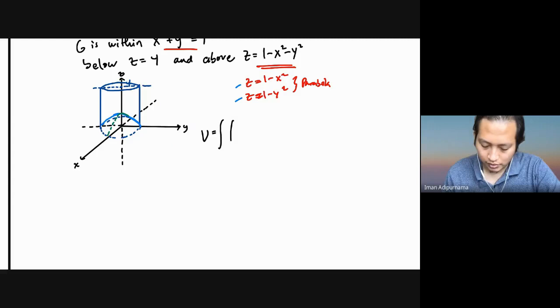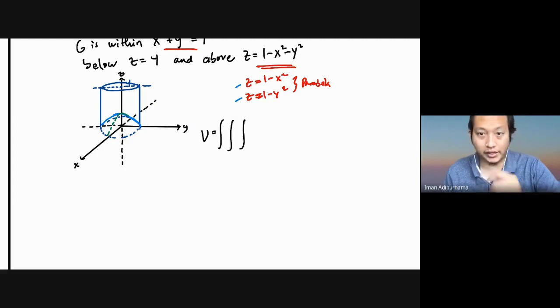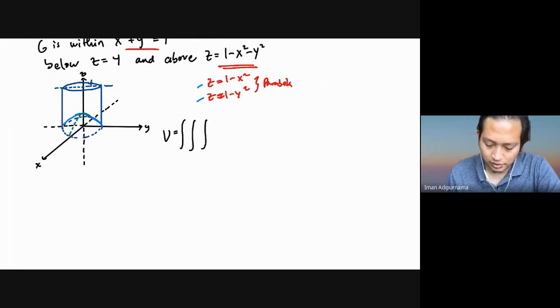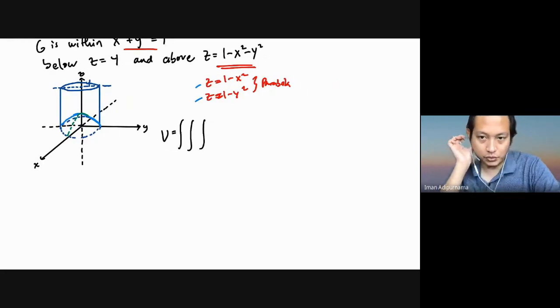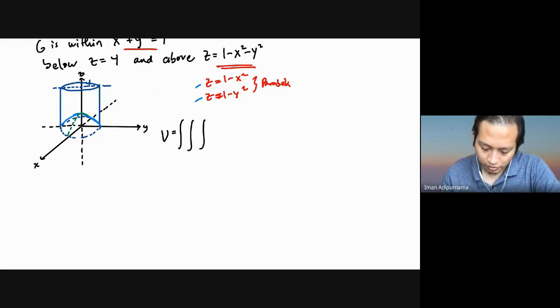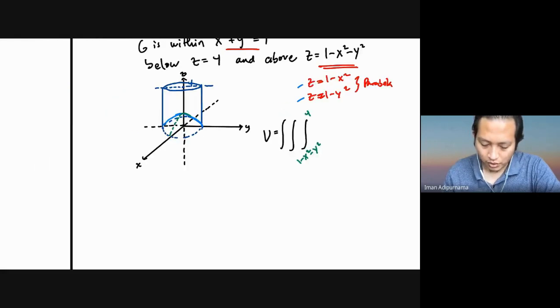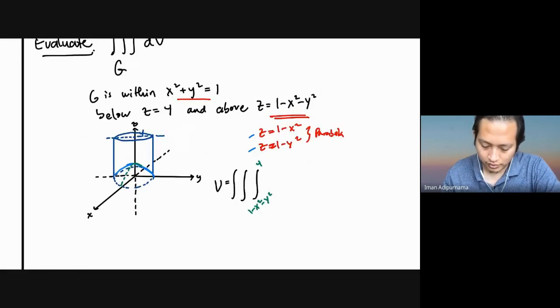Let's write the xyz, and let's start from z, because z is our function with 2 variables. So z starts from 1 minus x squared minus y squared until 4.